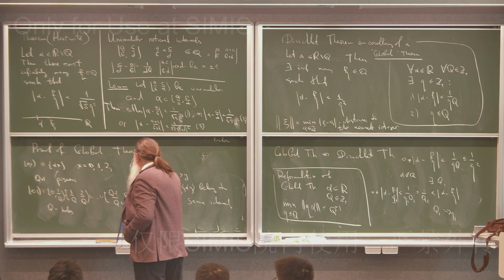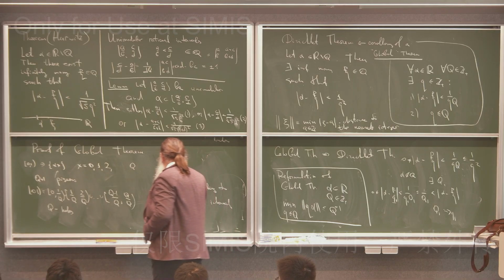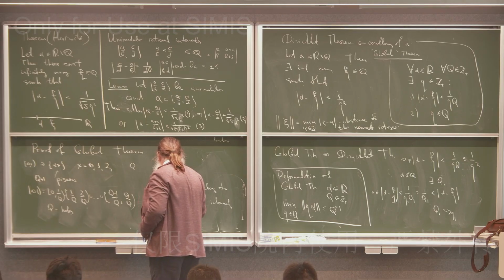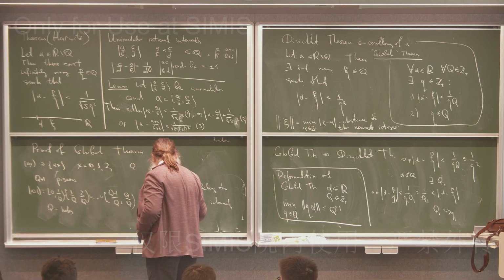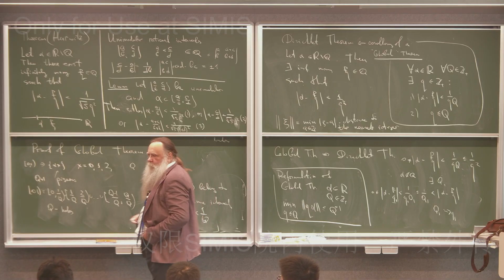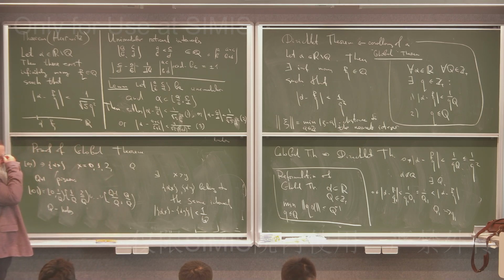The length of the interval is 1 over Q. So the difference of the fractional parts of alpha x and alpha y is less than 1 over Q. What does fractional part mean? Fractional part is the number itself minus its integer part.